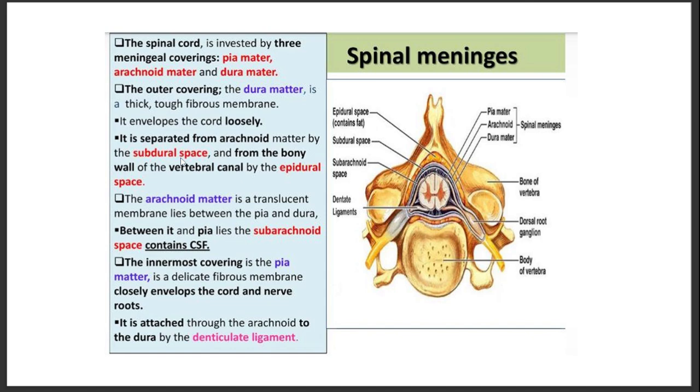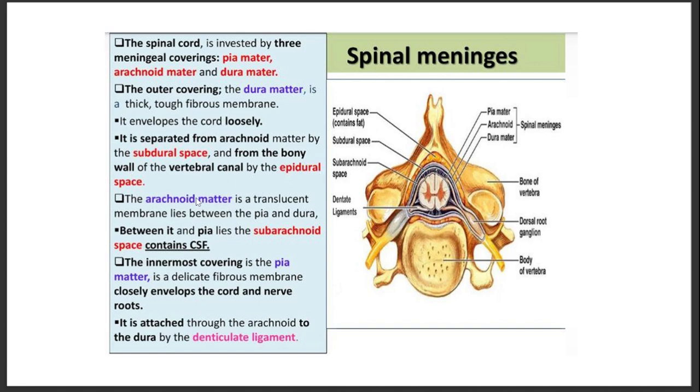You have the dura, below the dura you've got the subdural space, and then the arachnoid mater and then the pia mater. At the same time, the same dura is separated from the bony wall of the vertebral column by the epidural space.